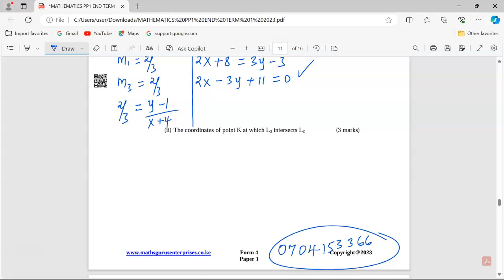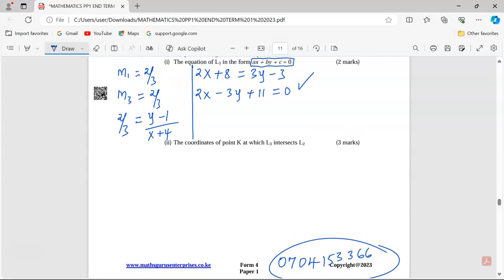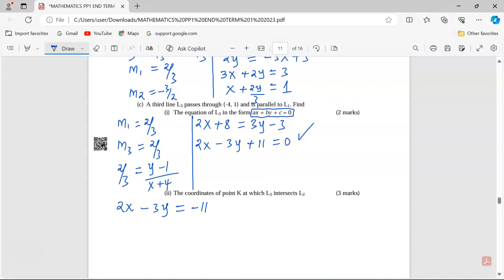Therefore, if we solve them simultaneously without plotting them, then x and y will give us the coordinates of intersection for the two lines. The third line's equation is already here. I can write it in this format, such that I start with 2x minus 3y equals -11. Then the second equation now.